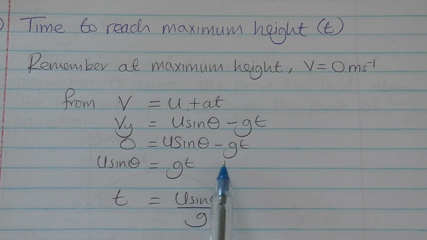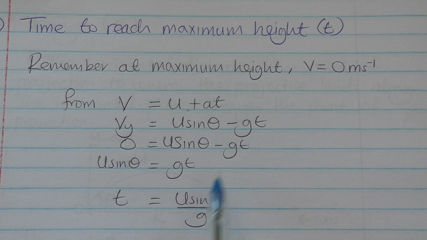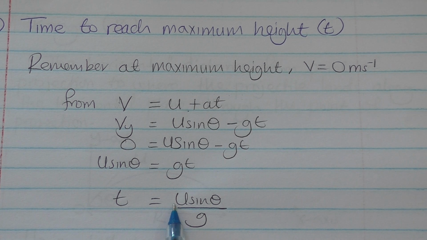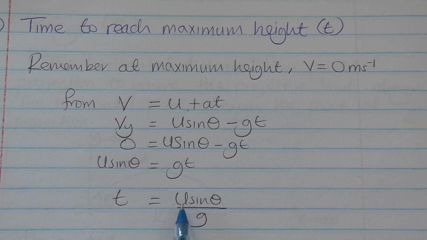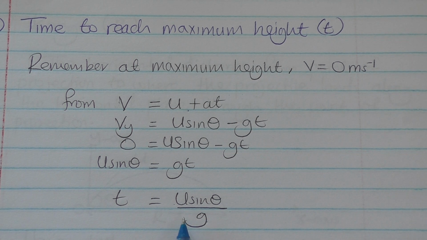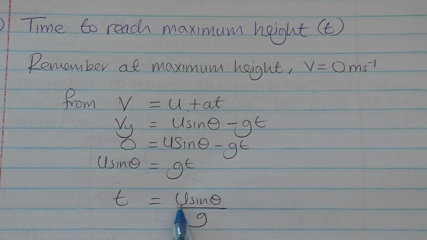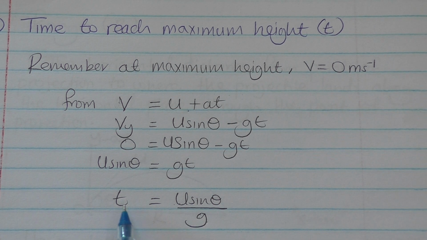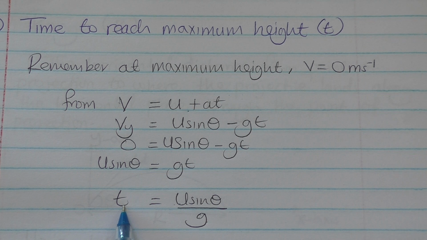So, when we make t the subject, we end up with t equal to u sin theta over g, where u is the velocity and g is acceleration due to gravity. So t is the time taken to reach maximum height.